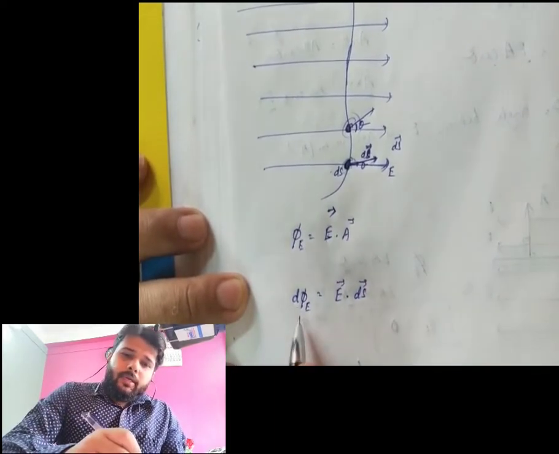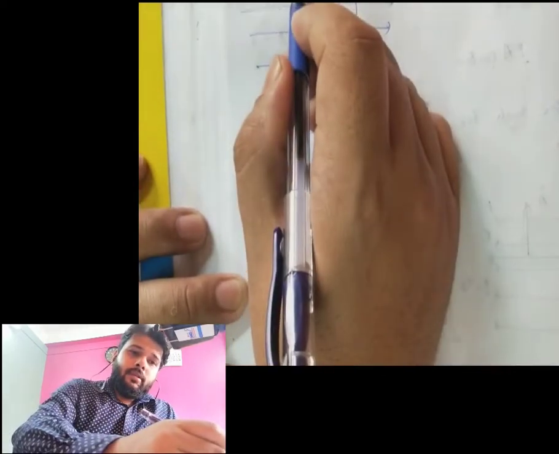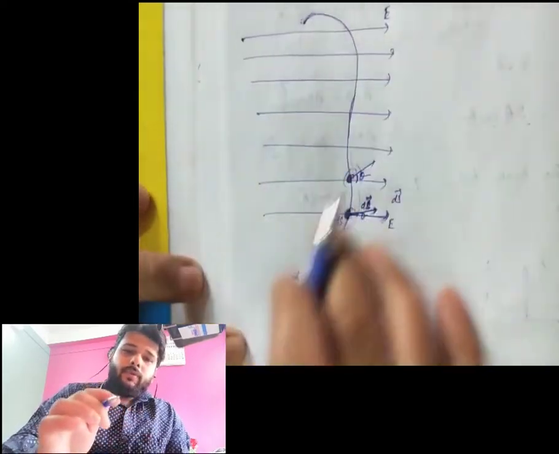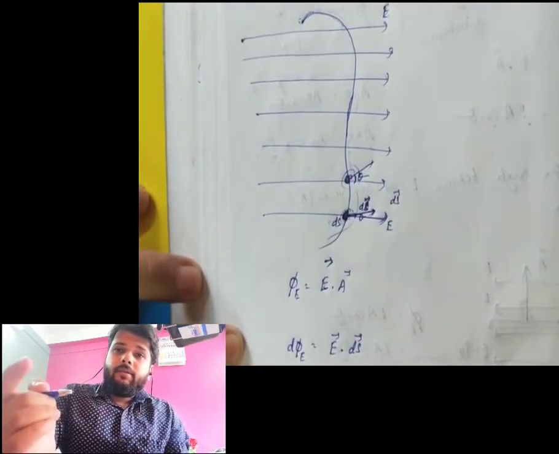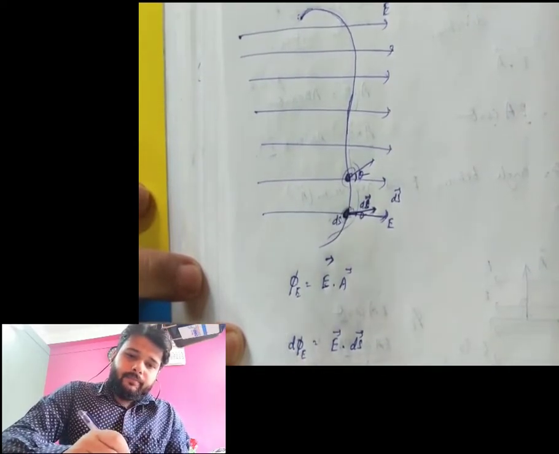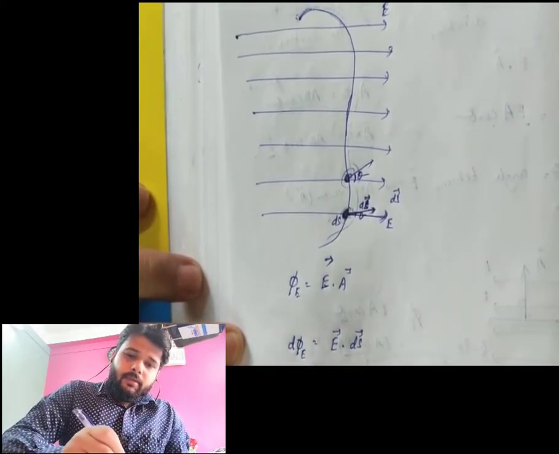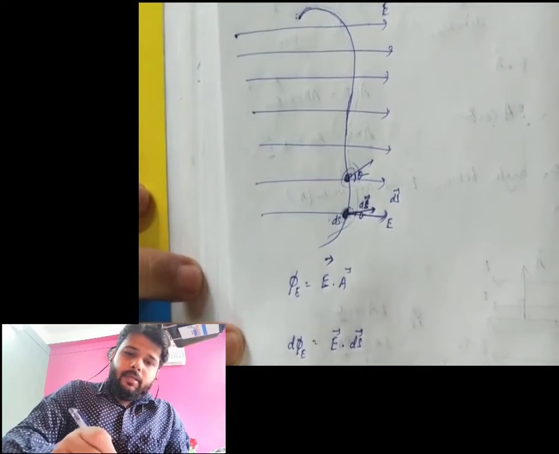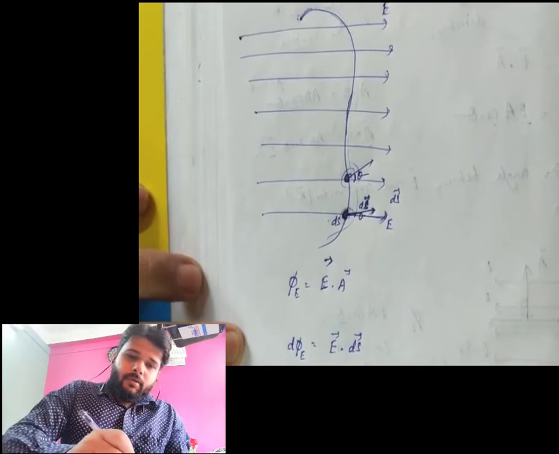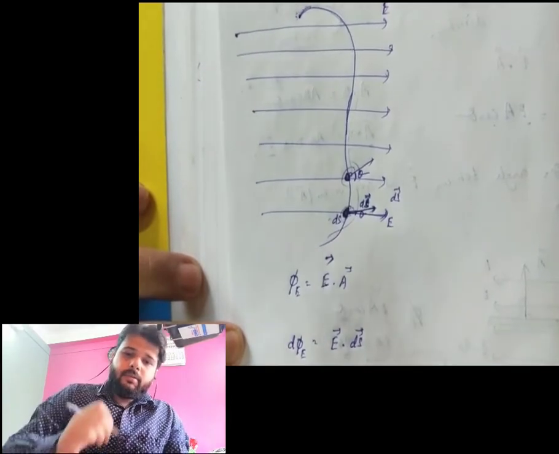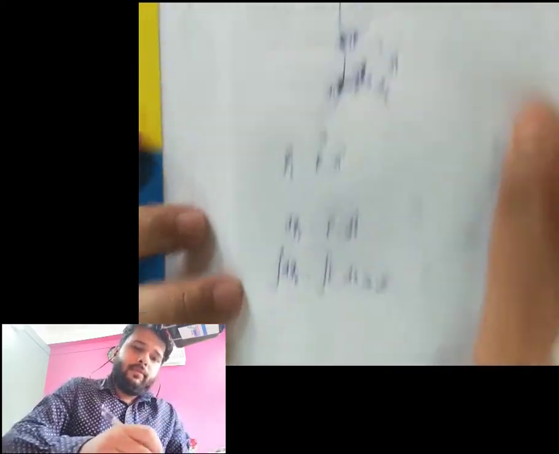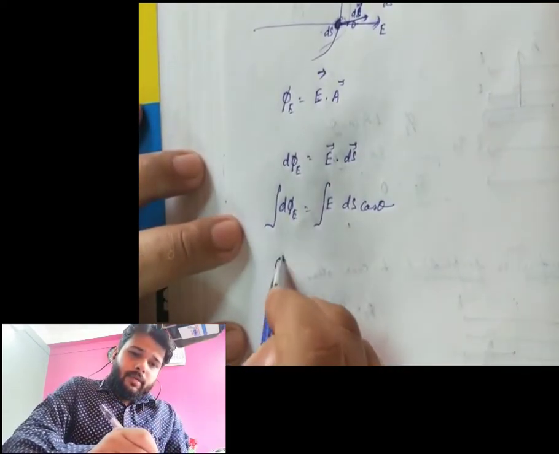Now to calculate the electric flux linked with this whole surface, we have to integrate it. We use calculus here. So if we integrate d phi E, we can write E ds cos theta.